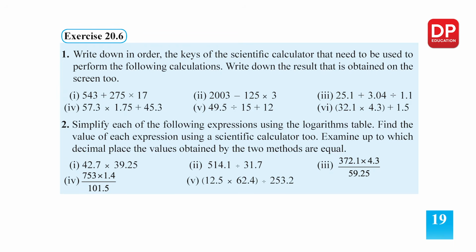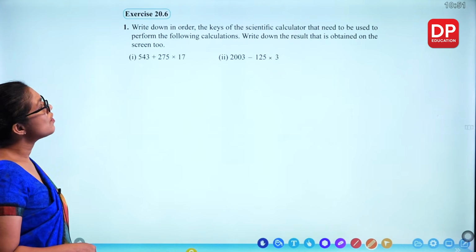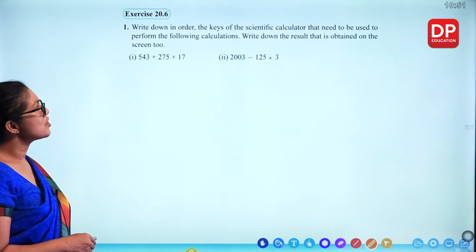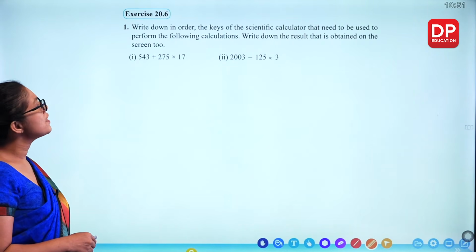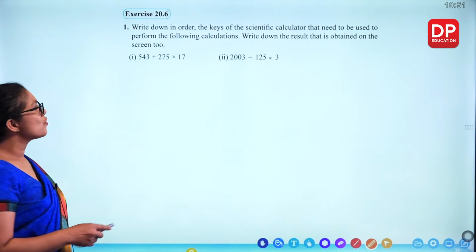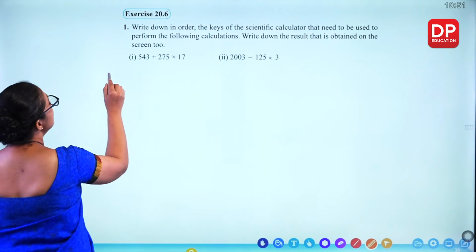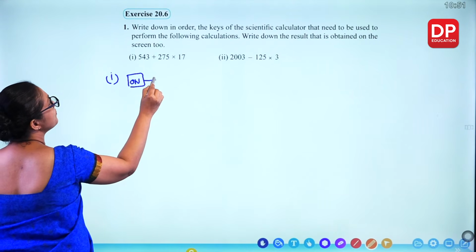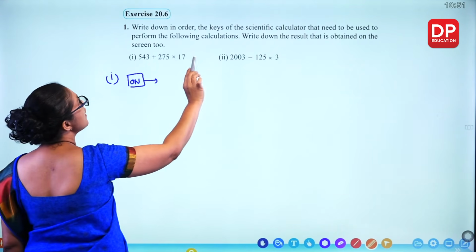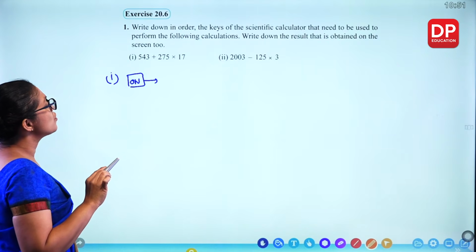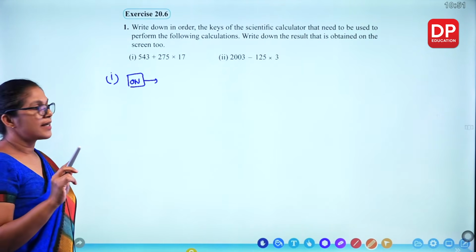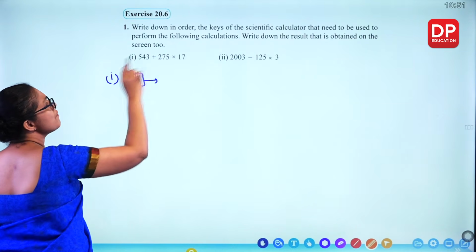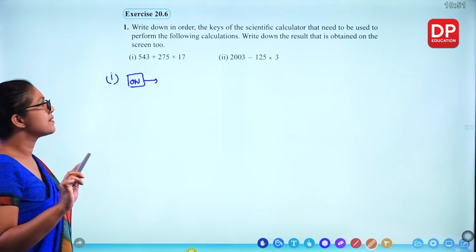Exercise 20.6. Write down in order the keys of the scientific calculator that need to be used to perform the following calculations. Write down the result that is obtained on the screen too. So we'll first write down the keys. First start with on. Then you can do it at once, no need to use brackets because the calculator automatically does the multiplication first when you type like this.